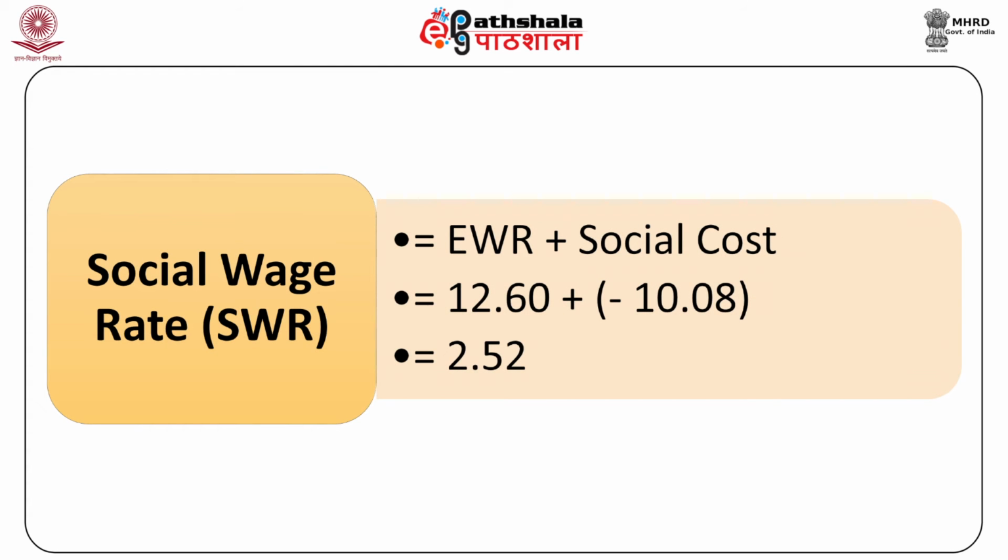Third is the social wage rate, that is SWR, which is equal to EWR plus social cost. Therefore, it could be given as 12.60 plus minus 10.08, which is equal to 2.52.